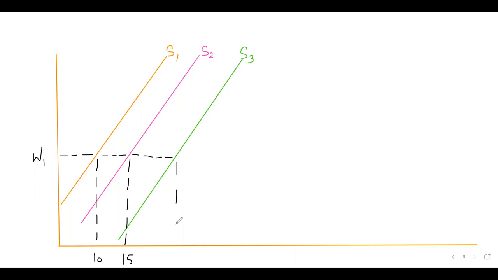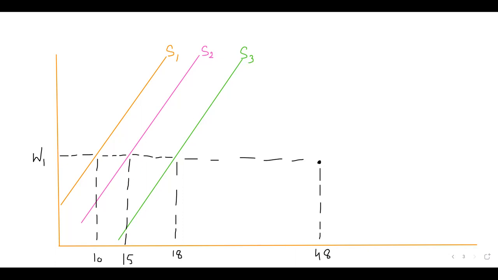Now, at this wage rate, you add up the hours of work that each of these three individuals are willing to work, which makes it 10, 15, 25, and 18 is 43, right? So the total supply of labor in the market at this wage rate would be how many hours? 48 hours. Is this making sense, right?